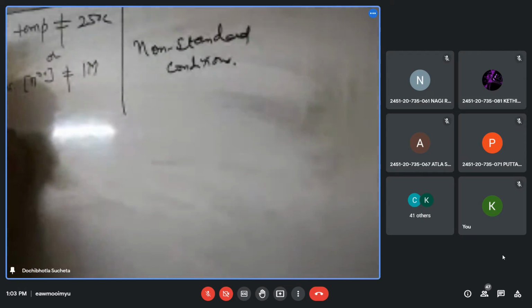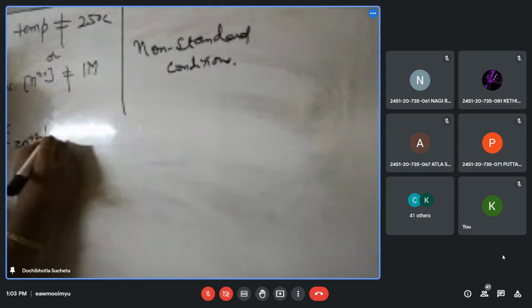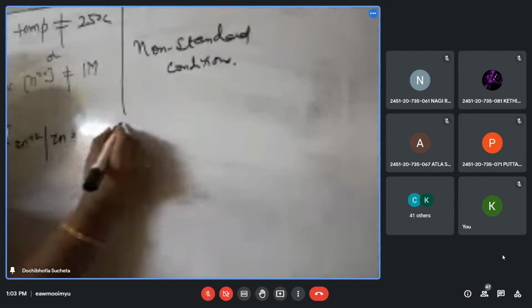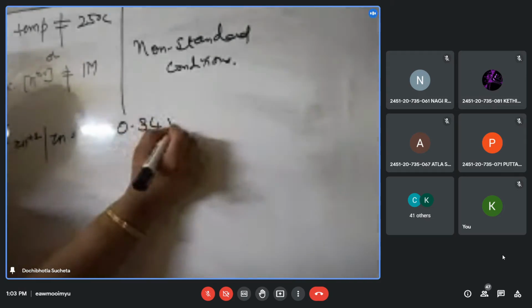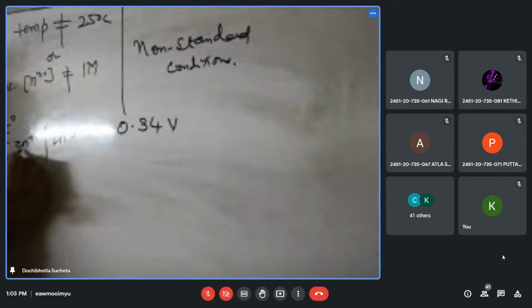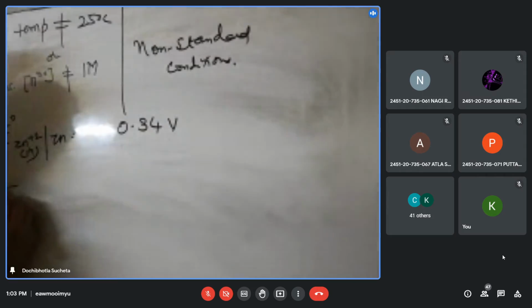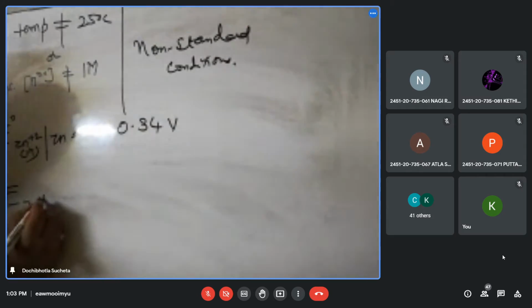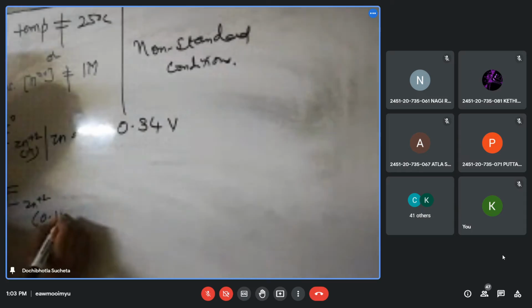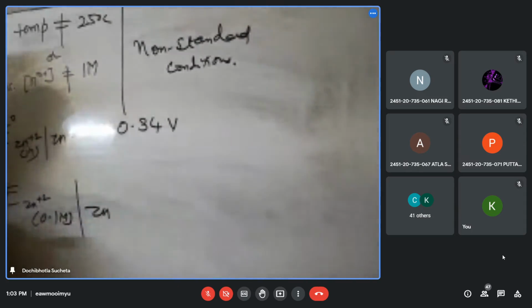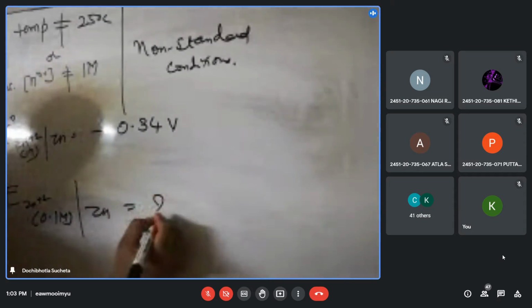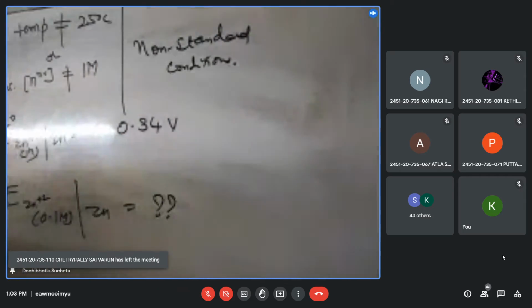That means if Zn plus 2 slash Zn is equal to minus 0.34 volts when the concentration of Zn plus 2 is 1 M, and if the concentration of Zn plus 2 is 0.1 M, then what is going to be the E value?